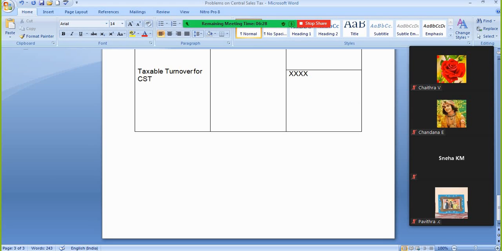Mrs. Vasudha, a registered dealer in Chennai, furnished the following information relating to interstate sale by her during the year ended 31st March 2015. Sales turnover as per book 36,72,000. Above includes excise duty.